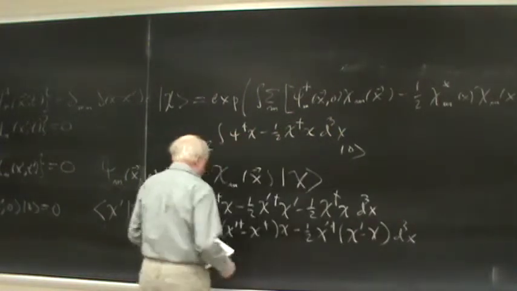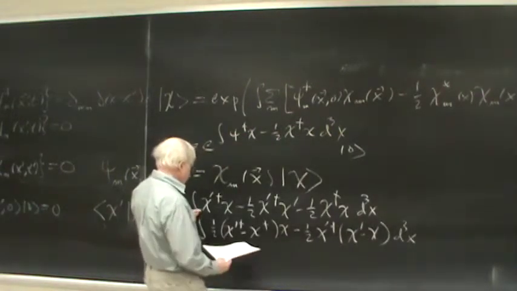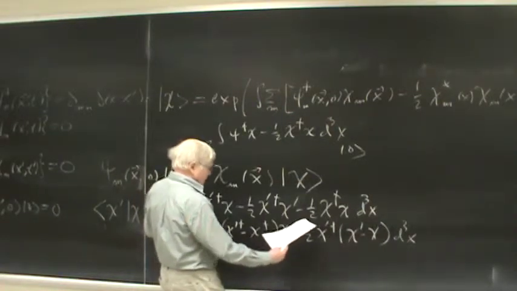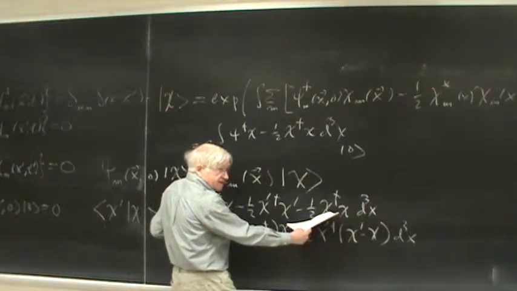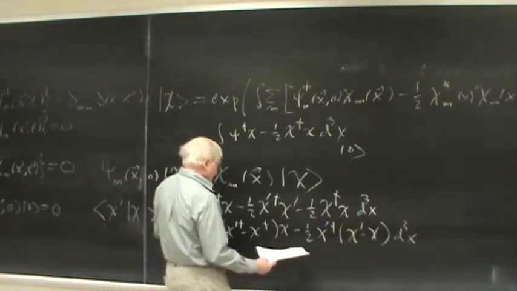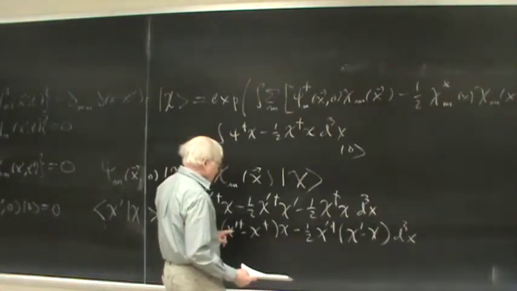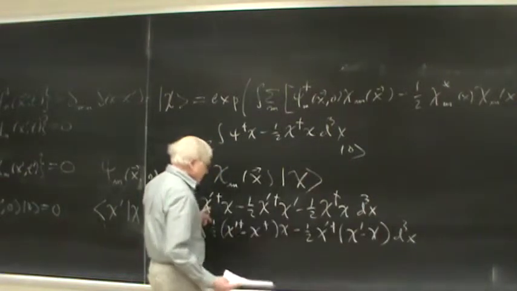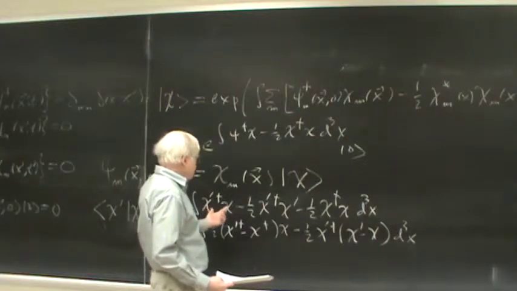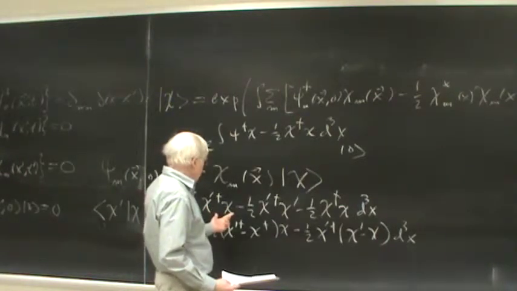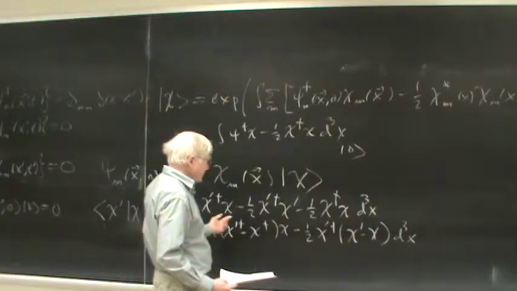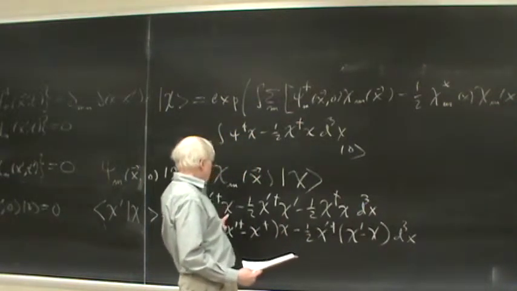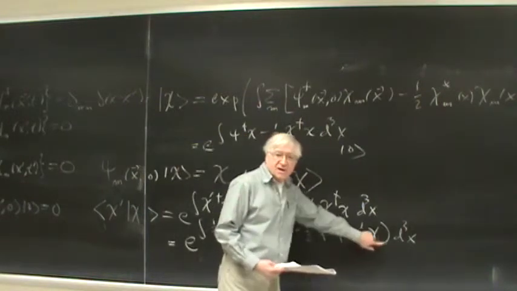And you may find that you can see that this part is a direct combination of these two guys. But this one is a direct combination of these two guys, but then we switch, instead of having chi minus chi prime, we have chi prime minus chi.